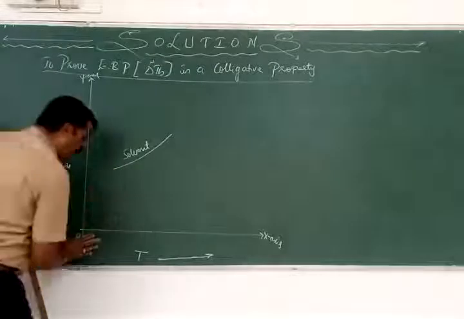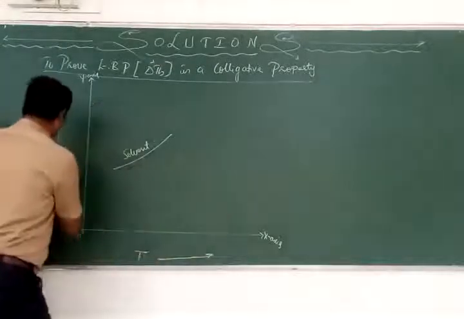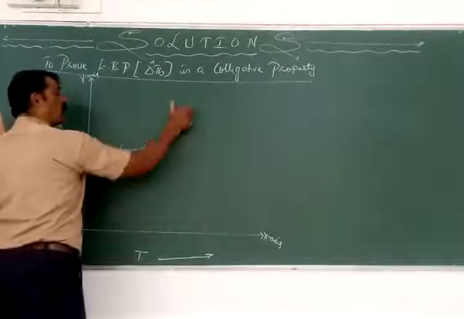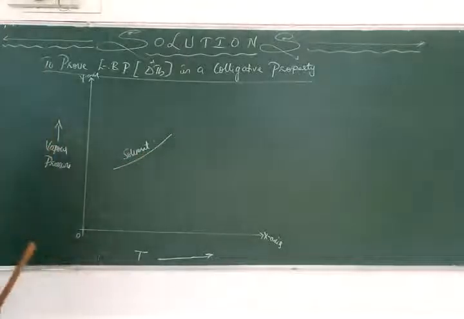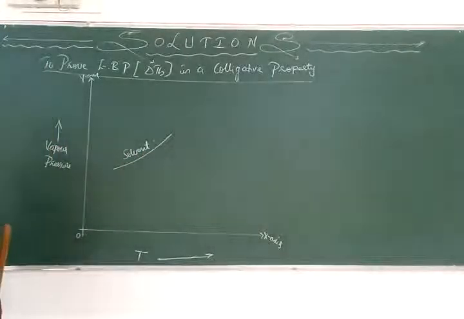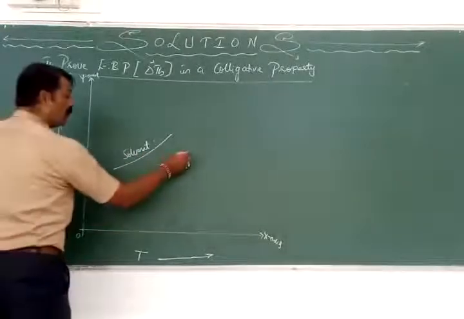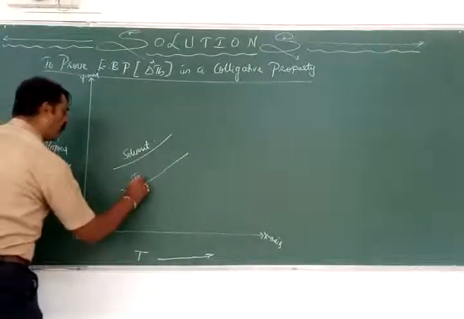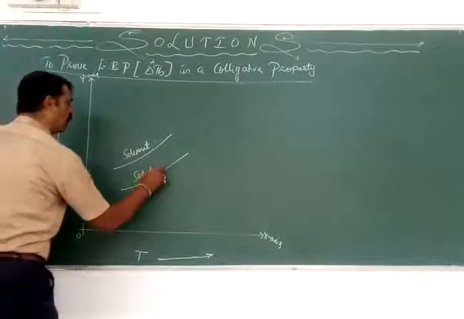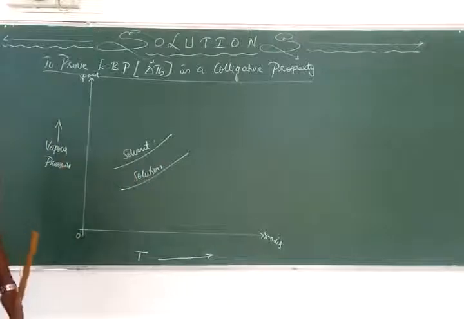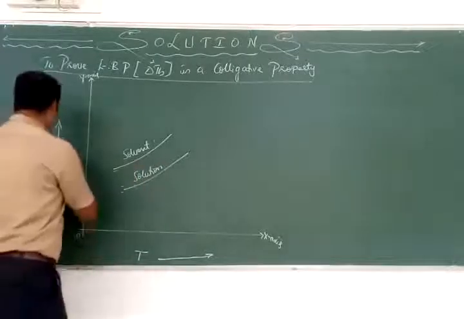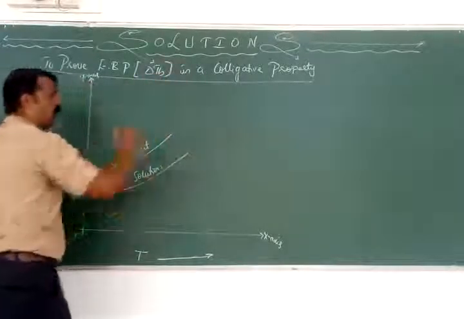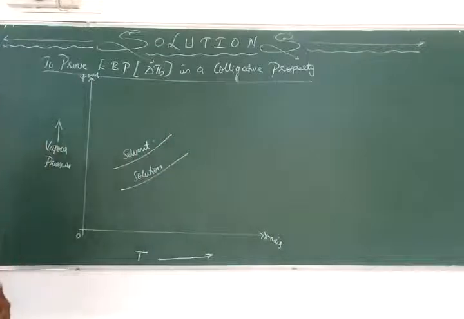For a pure solvent, as the temperature increases, the vapor pressure of the solvent goes on increasing. So this is the vapor pressure curve for the solution. Here also, as the temperature increases, the vapor pressure of the solution also goes on increasing.